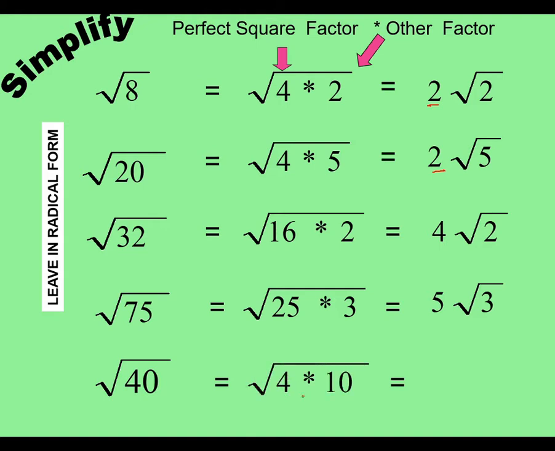So, pinakamalapit is 4 times 10, which is 2 square root of 10. Sir, pwede pa yung 10 na 5 times 2. Ay, tatanong nyo. 5 times 2. Pwede pa, diba? Pero, hindi siya perfect square root. Ang 5 ay hindi perfect square root. At the same time, hindi rin perfect square root ang 2. Kaya, stick tayo sa square root of 10.